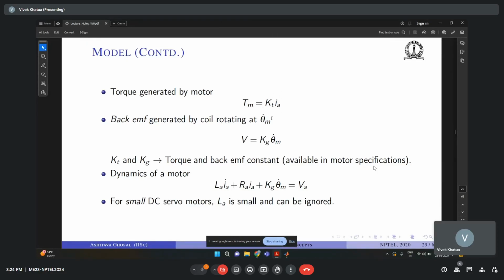Then the back EMF from this motor, because this motor is rotating, the back EMF that is generated is given by the back EMF constant times the rate of rotation, right? So then we get the dynamics of the motor, which is something like this. There is an inductor, there is a resistor, there is back EMF, this total joining to form the voltage applied across the motor, right?